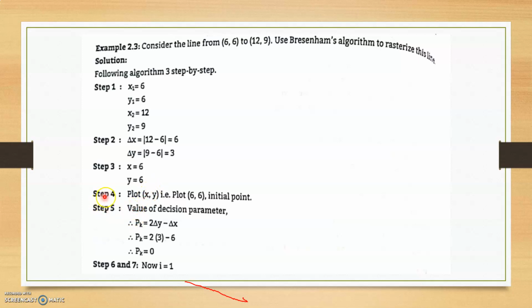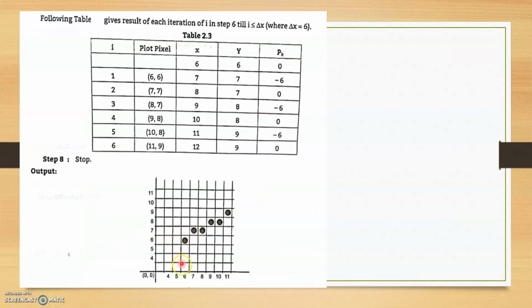And in the next step 4, we plot the point we got as the initial point. So plot 6, 6 as the initial point. You can see that our first point is 6, 6. This is your x coordinate and this is your y coordinate.